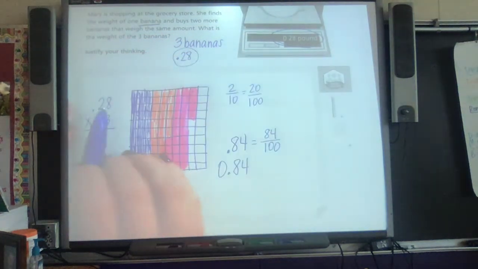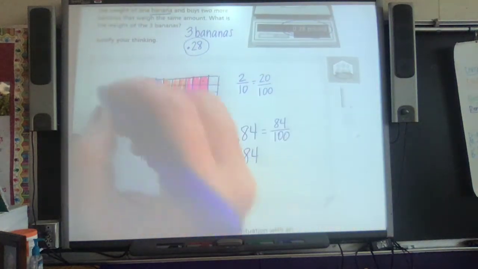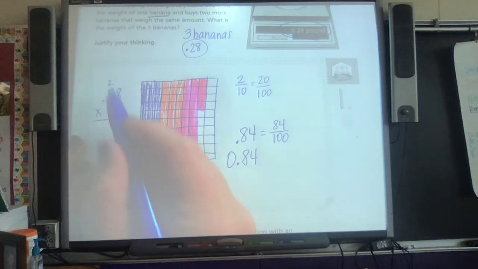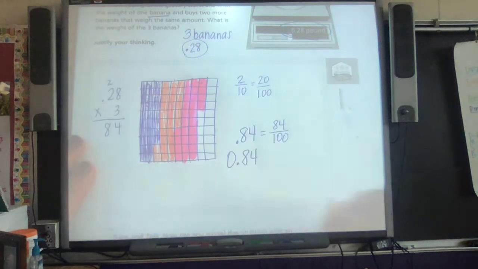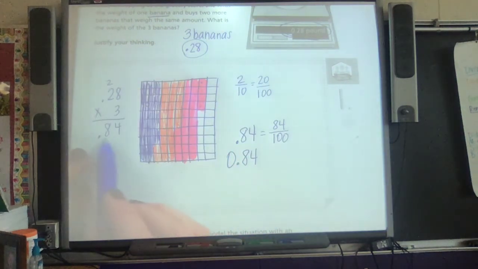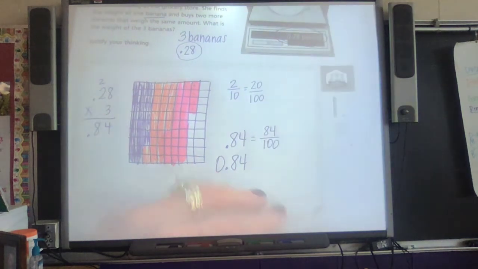And we're going to talk more about this part later in the week. 3 times 4 we know is 24. 3 times 2 is 6 plus 2 is 8. Now let's think about what would make sense. If I have 28 cents 3 times, I know I'm still going to have something less than 1. So that 84 hundredths, that decimal right there would make sense. Okay? Let's turn the page and try another one.